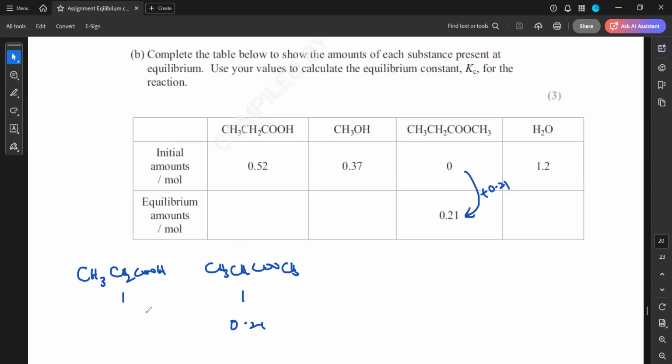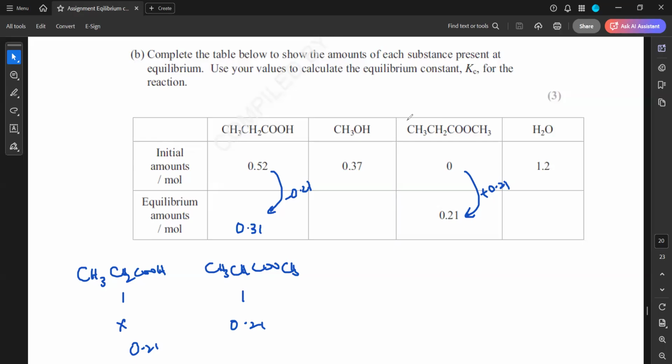If 0.21 moles of the product are formed, 0.21 moles will react. But we need how many are left at equilibrium. Originally it was 0.52, and out of that, 0.21 moles reacted. So we subtract, and 0.31 moles will be left at equilibrium.